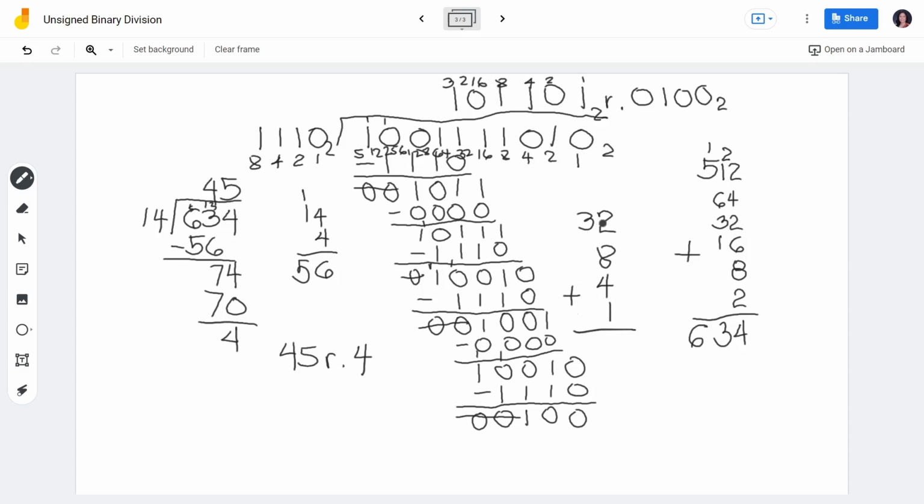So 32 plus 8. 2 plus 8 is 10 plus 4 is 14, plus 1 is 15. 5 carry 1. And then 1 plus 3 is 4. 45. And then the remainder is 1, 2, 4, 8. So we have here the remainder 4. So our answer is correct.